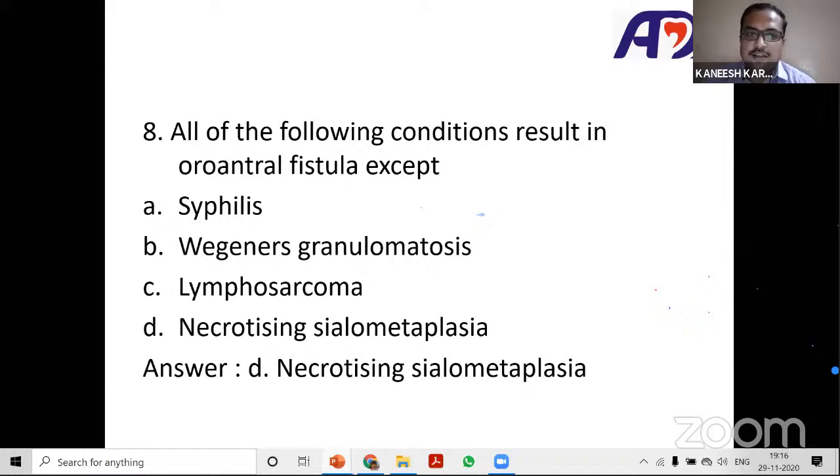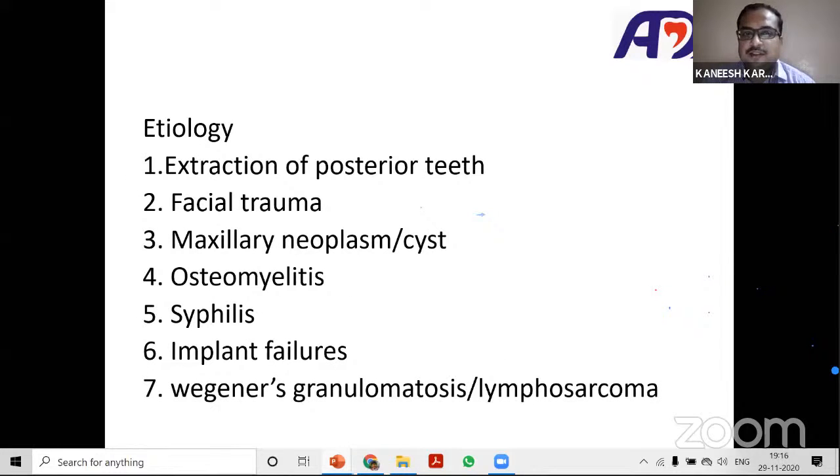Okay, that does not cause oroantral fistula. Okay, oroantral fistula, the etiology is extraction of posterior teeth, facial trauma, maxillary neoplasm, osteomyelitis, syphilis, implant failures, Wegener's granulomatosis, or lymphosarcoma. These are the etiological factors for oroantral fistula.